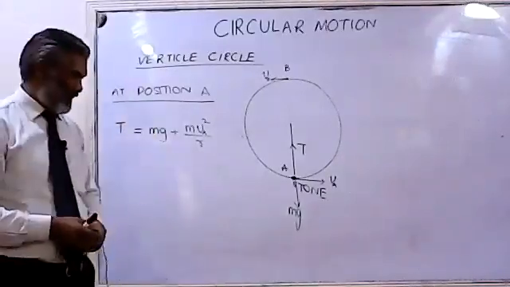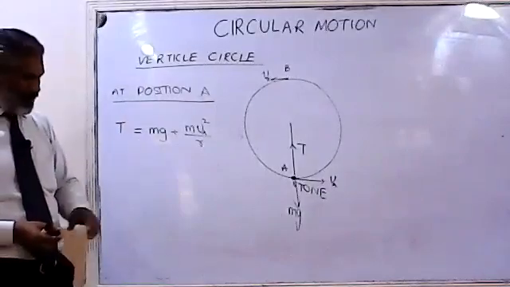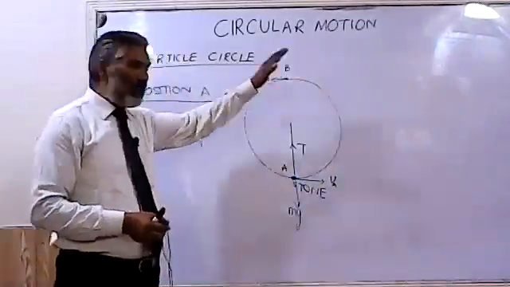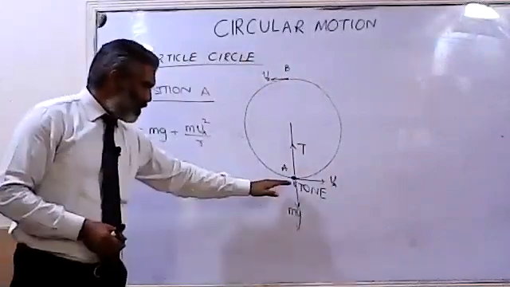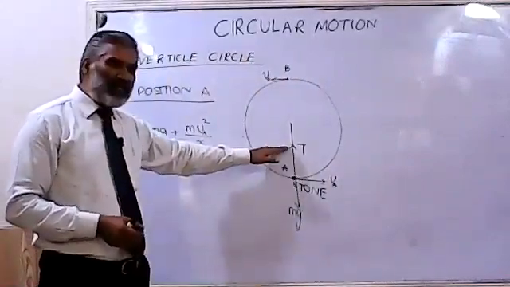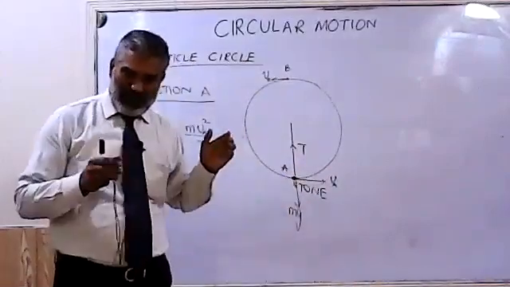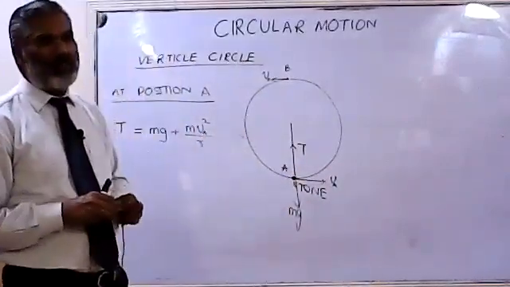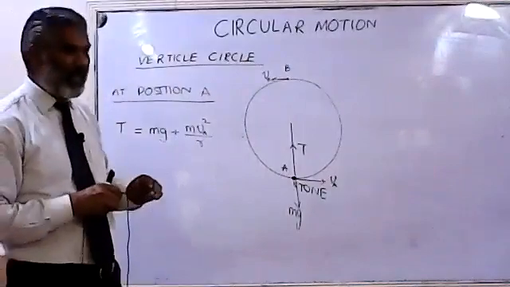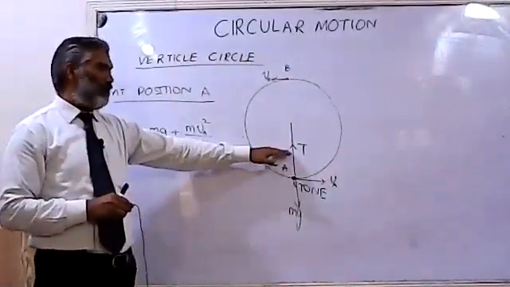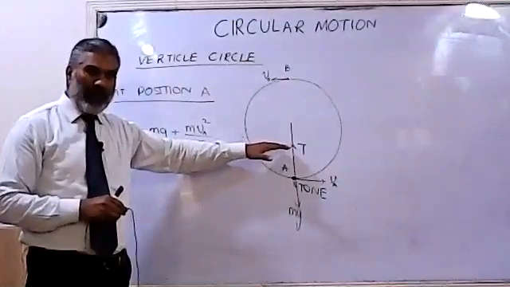So one thing is obvious: when the object is moving in the vertical circle, this is the position where the tension is maximum, and therefore this is the position where the string is most likely to snap if it cannot withstand that much tension.